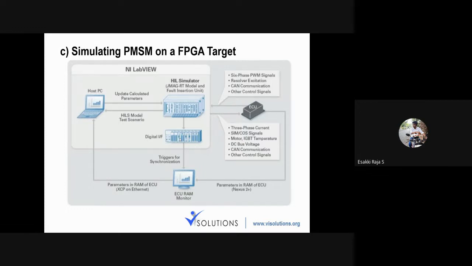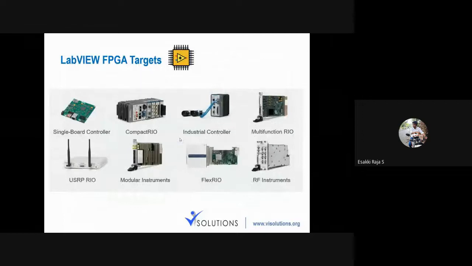Actually, we'll be doing this HIL test for some applications. A few targets which can be used for HIL applications are the single board controller and the compact RIO. The industrial controller and others are some of the FPGA targets.